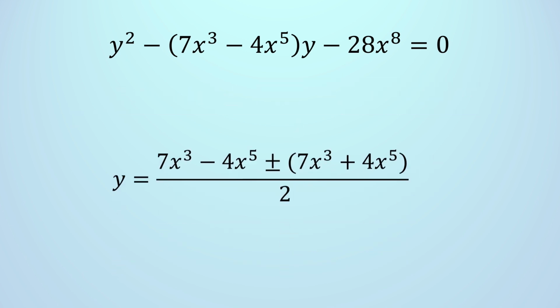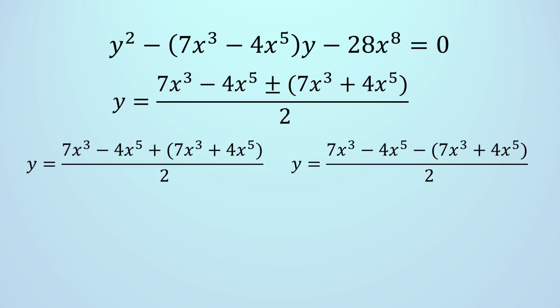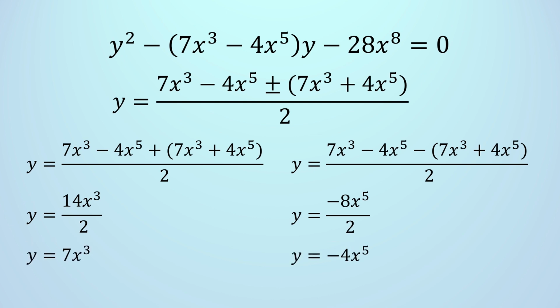And then we can just do, as usual, one separate thing with the plus and one separate thing with the minus for the plus minus symbol. Simplifying those two bits of algebra down, you're going to get y equals 14x cubed over 2 and y equals minus 8x to the power of 5 over 2, which then of course leads to the final answers of y equals 7x cubed or y equals minus 4x to the power of 5.